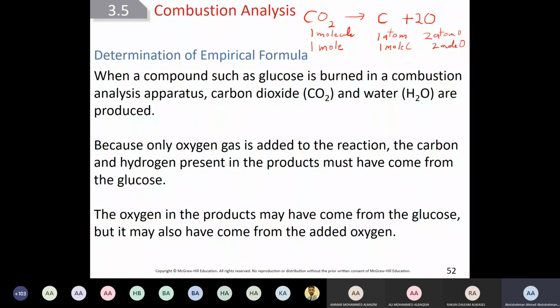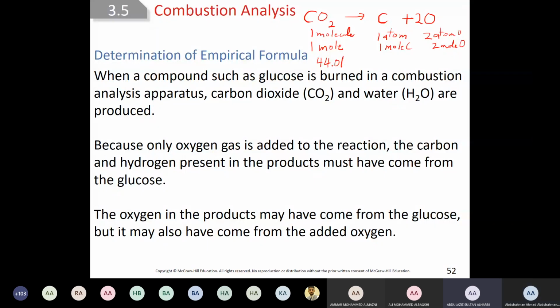What's the molar mass of carbon dioxide? Come on. 44.